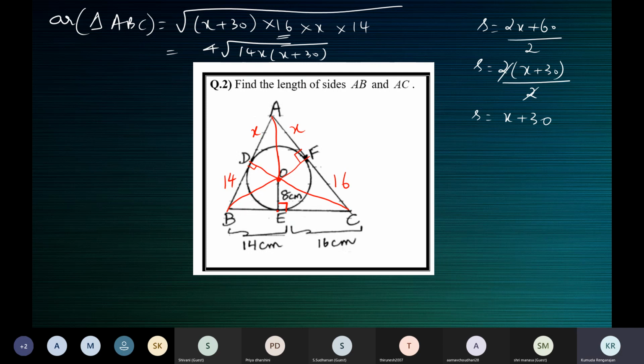Now find the areas of the 3 small triangles AOB, BOC, and AOC. Half base into height. Height is the radius, 8 centimeters. Find the area of AOB, BOC, and AOC.